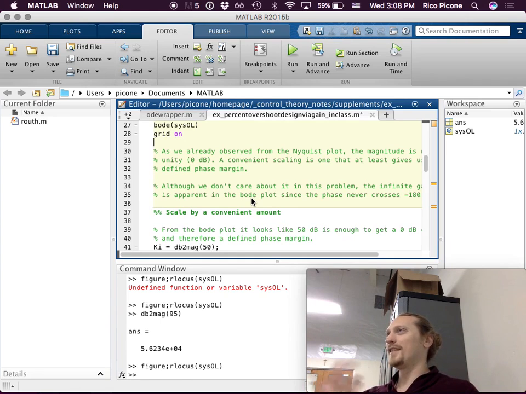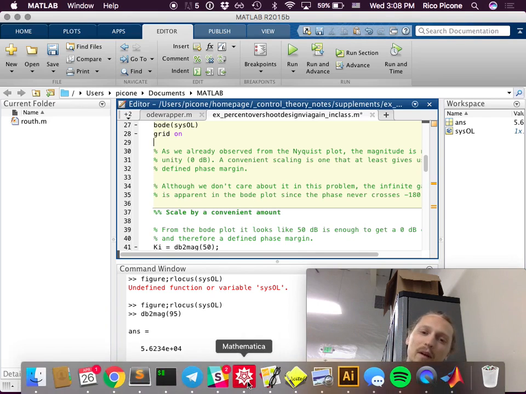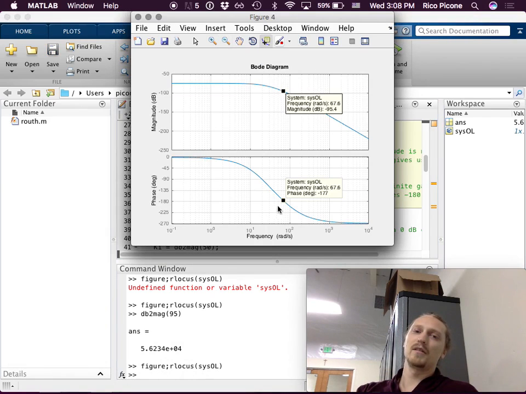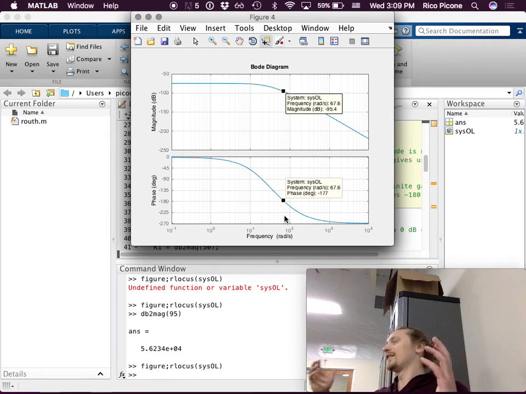And if we ended up with a negative phase margin, then we would have made a mistake at some point. One of the easiest ways to make a mistake here is to forget that you have to measure from negative 180 up for the phase margin. If you went down for the phase margin, you would already be unstable, and you would have to recognize that.